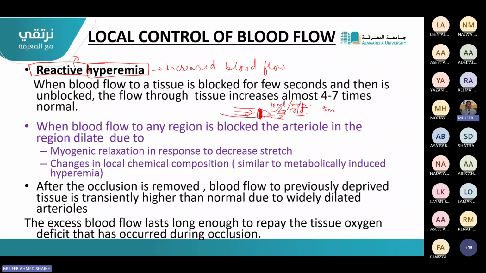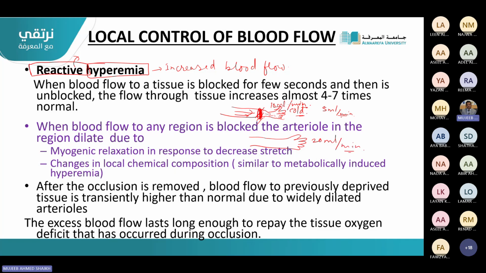Let's say, just imagine. After maybe 5 minutes, you remove the band. Then what will happen after removing the band? The blood flow will become how much? Not the normal 10 ml. It will become 20 ml per minute.